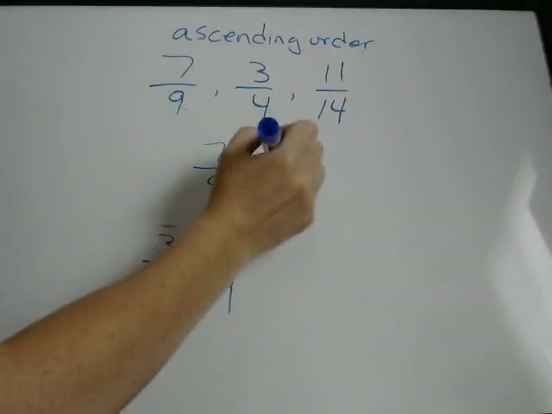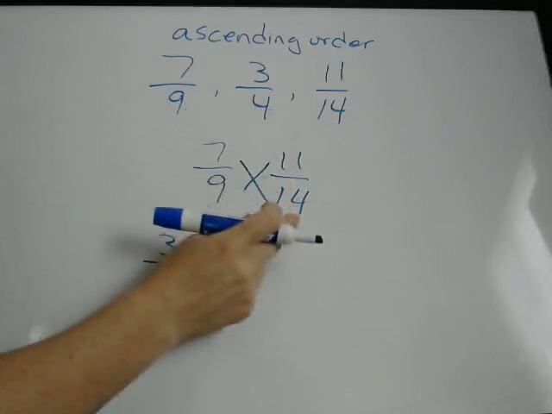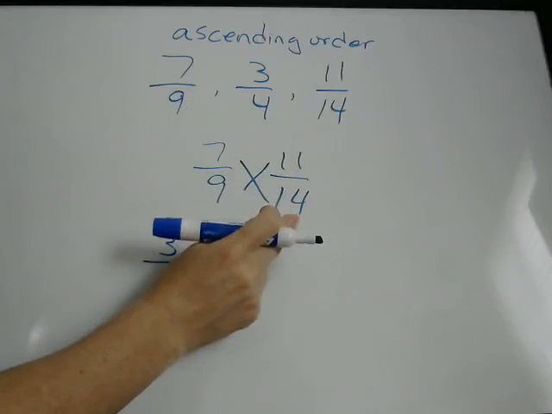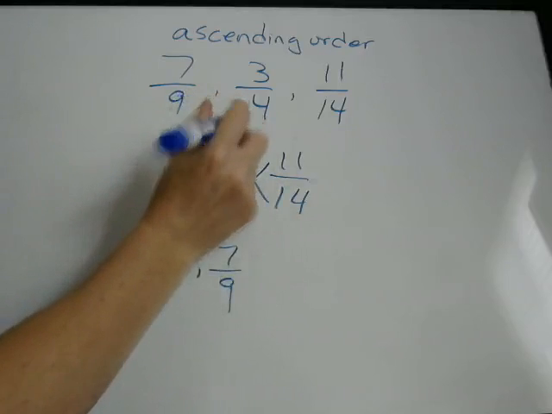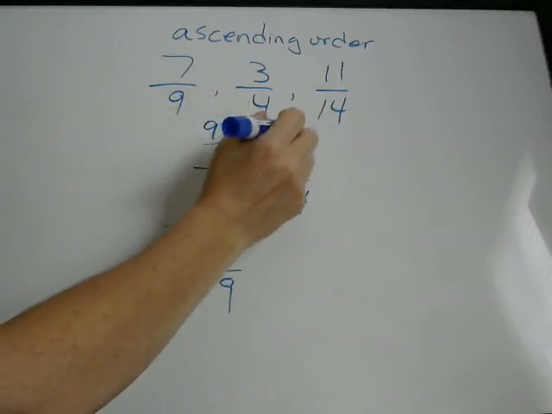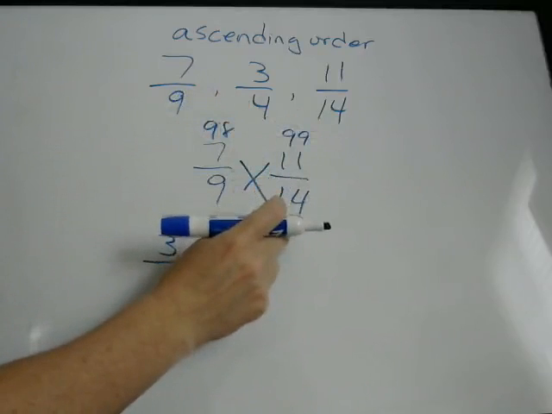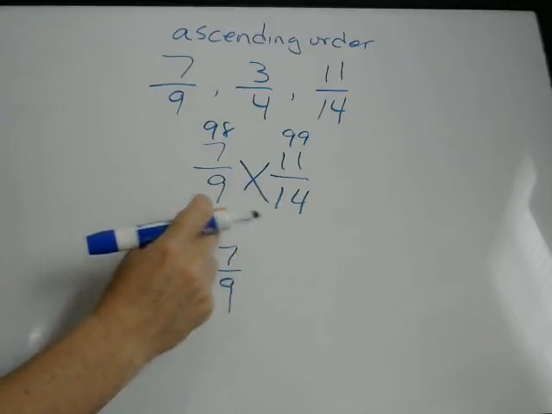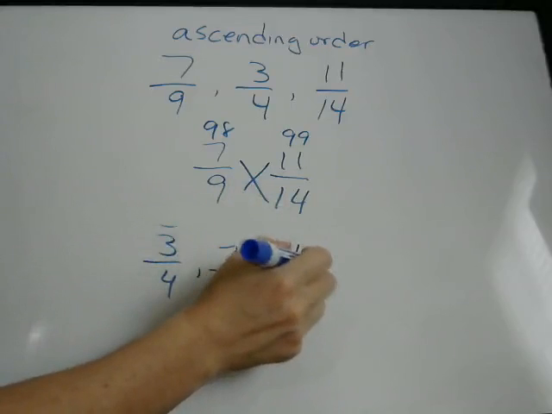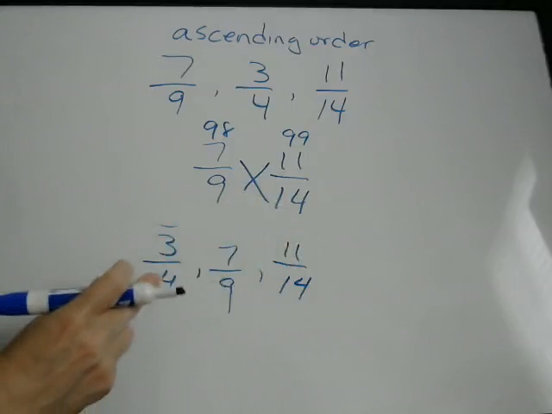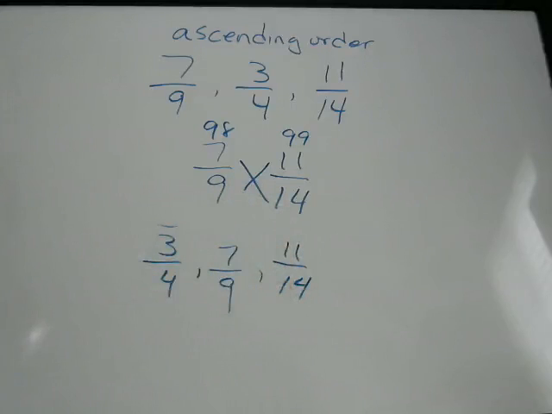Again, we're going to cross multiply. So 7 times 14, which is 98. 11 times 9, which is 99. So 99 is bigger than 98, so this fraction is bigger than this fraction. So in ascending order, it goes 3/4, 7/9, 11/14.